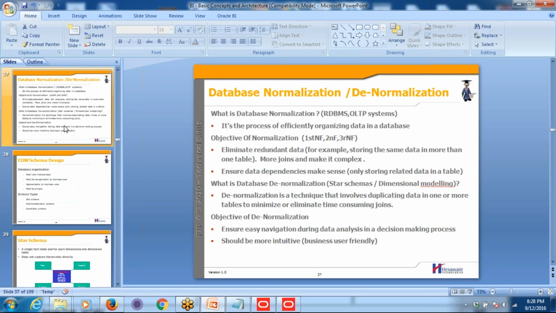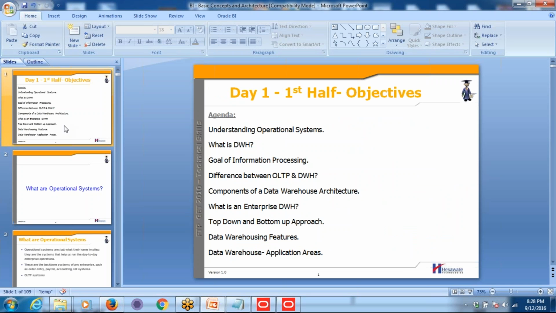Raj, is it possible to start at 7, because 7:30 is getting late, and today it has only 45 minutes. No, actually the problem is by the time I leave the office it will be 6:30. I cannot come out of office before 6:30, and by the time I reach home, if there is no traffic, at the most I'll be reaching by 7:15. Otherwise, if there is traffic, it goes beyond that.